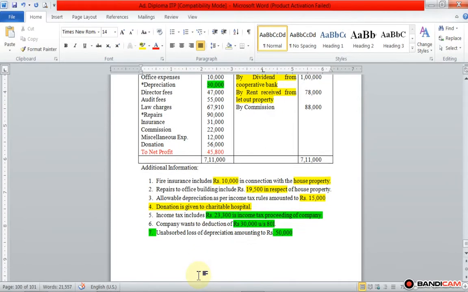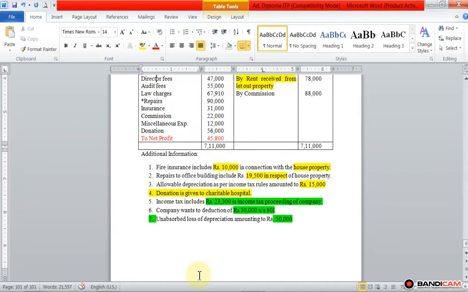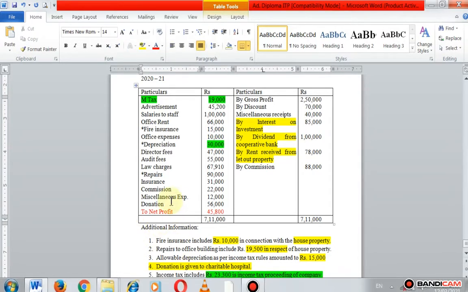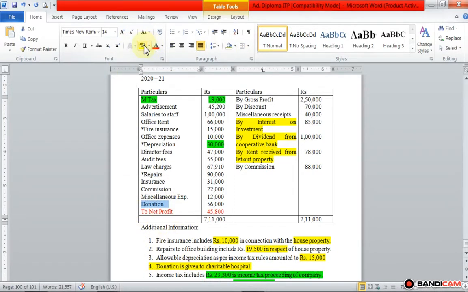Then here the company's one deduction and unabsorbed depreciation is deducted. Here we take into consideration all the disallowed expenses. Here we did not consider the donation, so donation is disallowed, amounting to rupees 56,000.